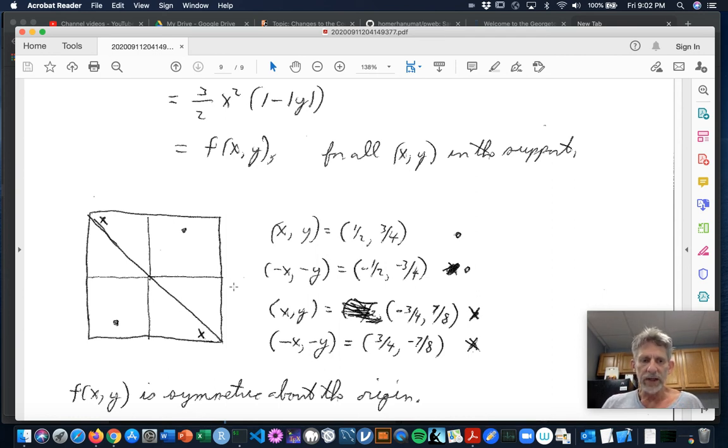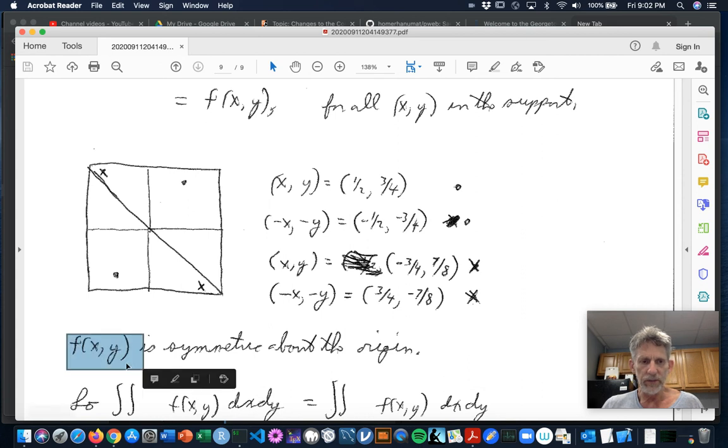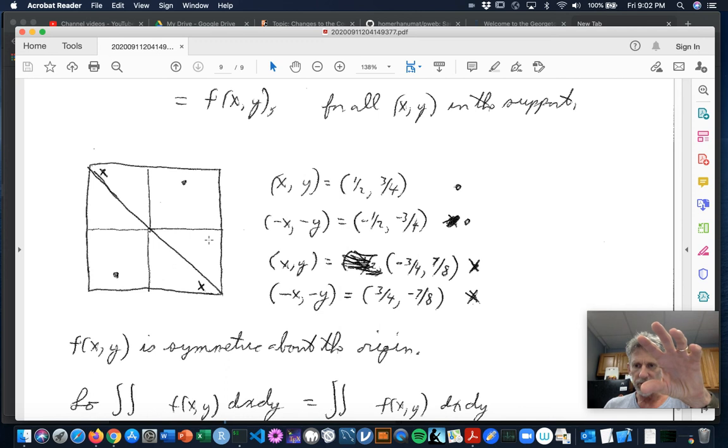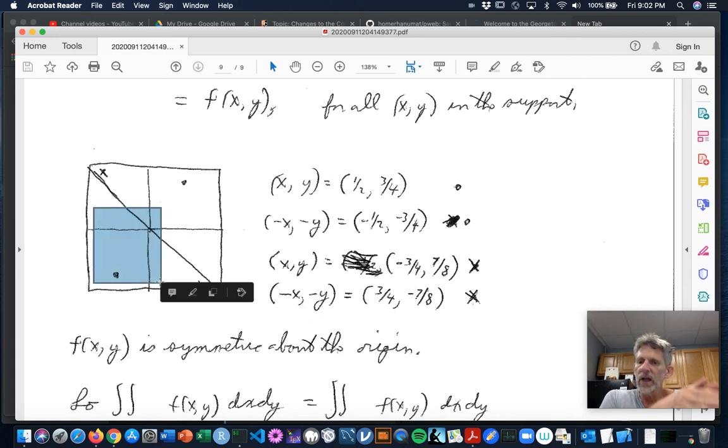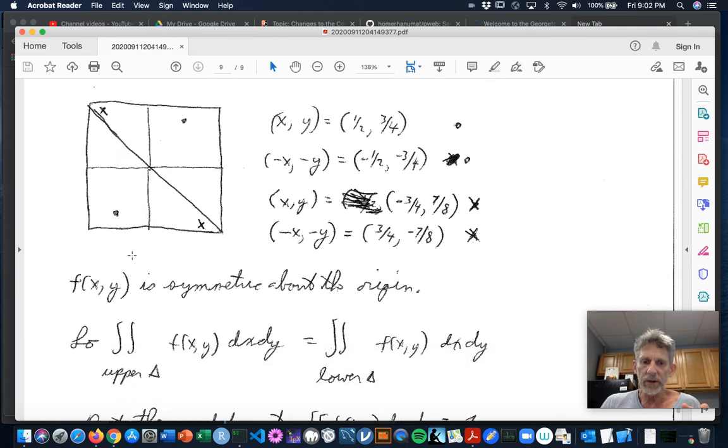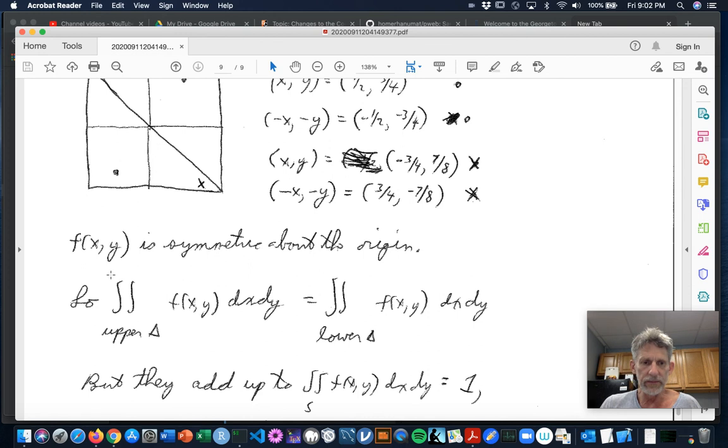So what's happening is that f of x, y is symmetric around the origin. The graph of f is some surface over that triangle. But if I were to take that surface and revolve it 180 degrees around the origin, it would land exactly onto the f surface that's over the bottom triangle. Therefore, the volumes underneath them are the same.